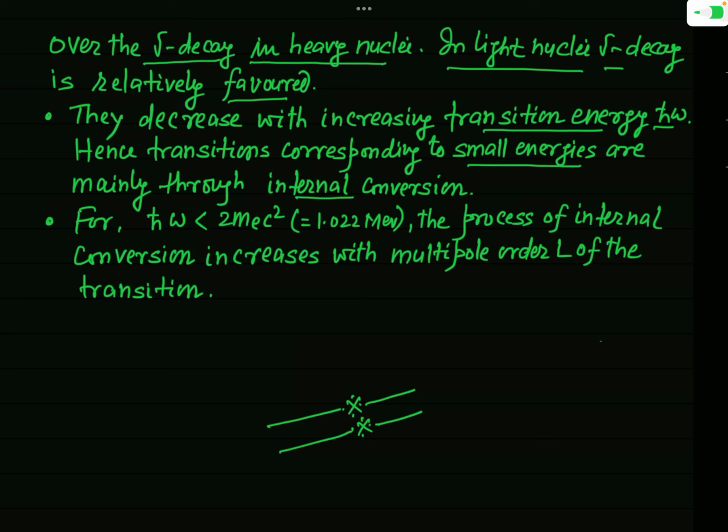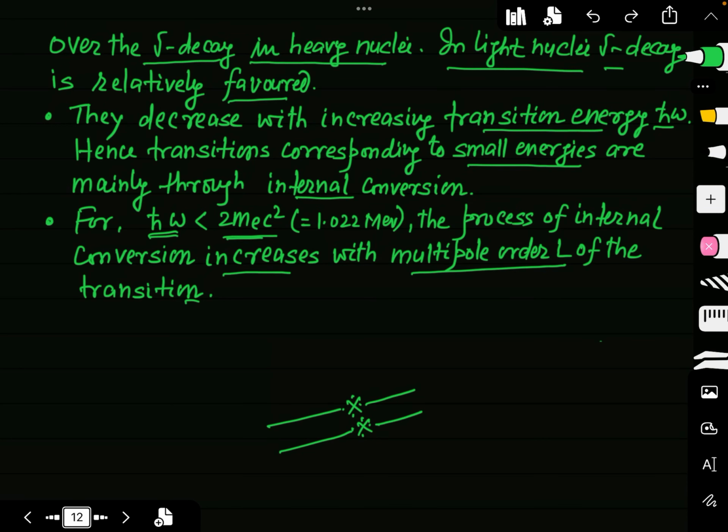Okay. Now, for h bar omega, if it is less than 2 m_e c squared, actually m_e c squared is the rest mass energy of the electron, and if this h bar omega is smaller than twice the rest mass energy of the electron, then the process of internal conversion increases with the multipole order L of the transition.